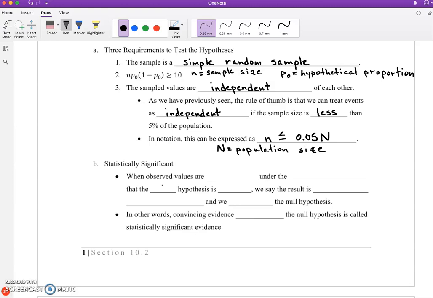So we need to talk about statistical significance. When observed values are unlikely, under the assumption that the null hypothesis is true, we say the result then is statistically significant.